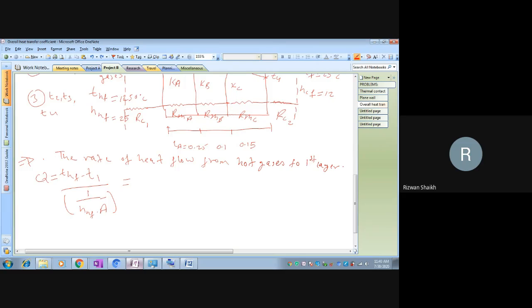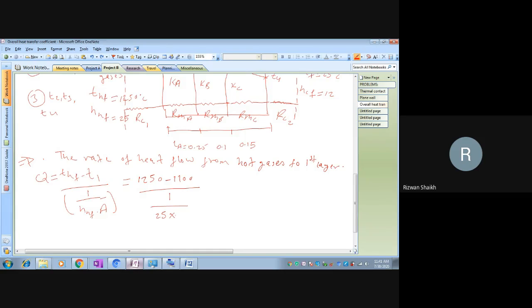With this equation, we have to calculate the amount of heat flow. Can we calculate the value of THF? THF is given to be 1250. So it is 1250 minus 1100 divided by 1 upon HHF. HHF is given to be 25, multiplied by the area.